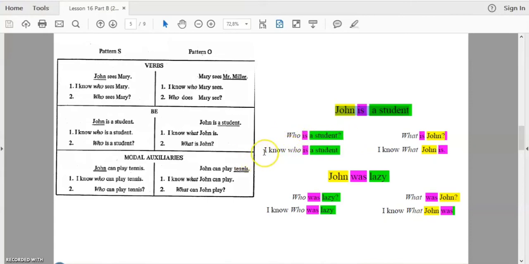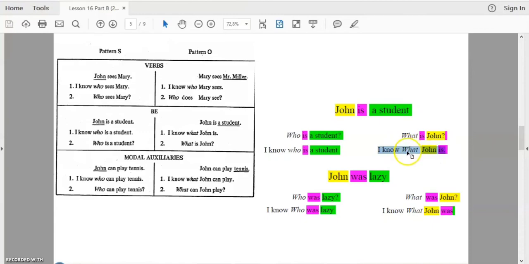And the other sentence, we can say "I know who is a student." In pattern O, we replace the word student. The sentence is, what is John? And then the other sentence is "I know what John is."